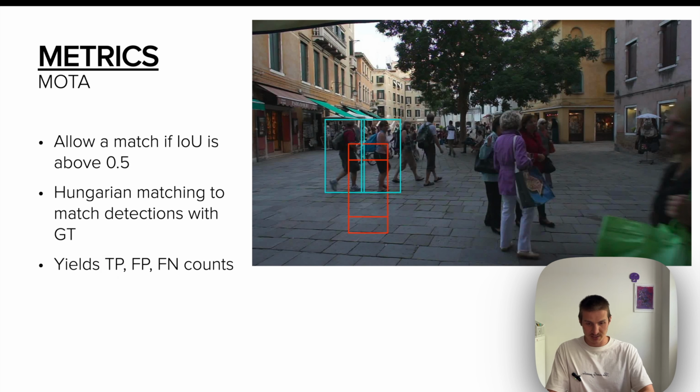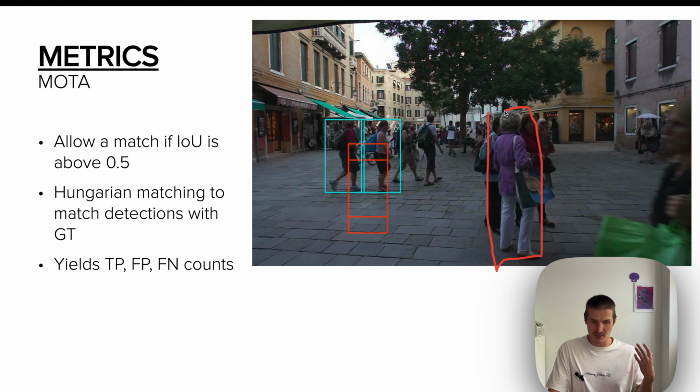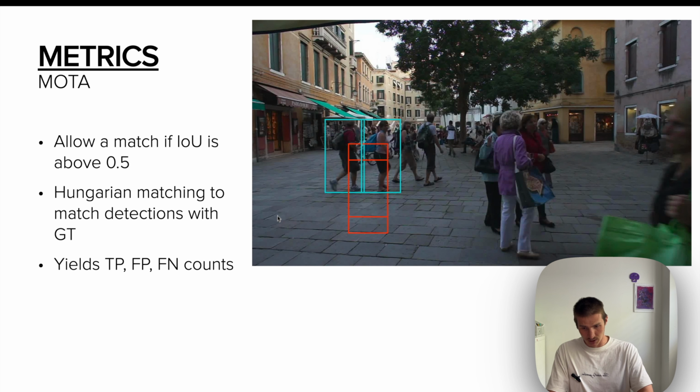But then some objects will not be covered by predictions because the detector failed to detect them, and that's a false positive. Again, some objects might be covered by more than one prediction, or some predictions might not correspond to anything, some phantom stuff in the background. All of those are counted as false negatives.